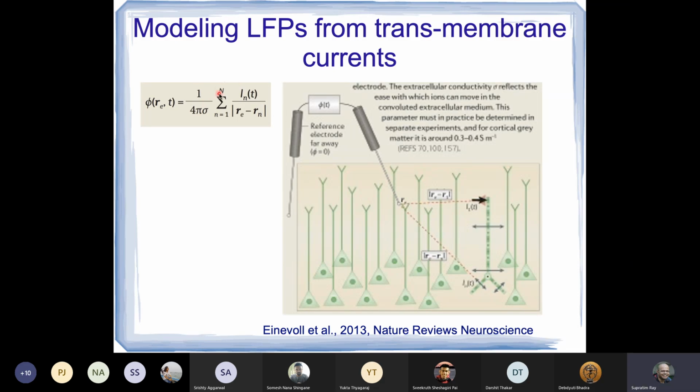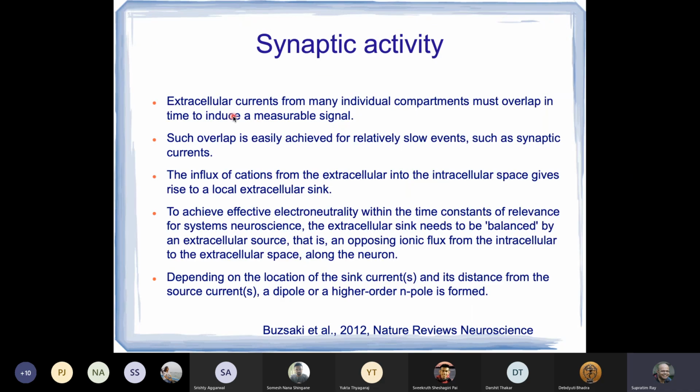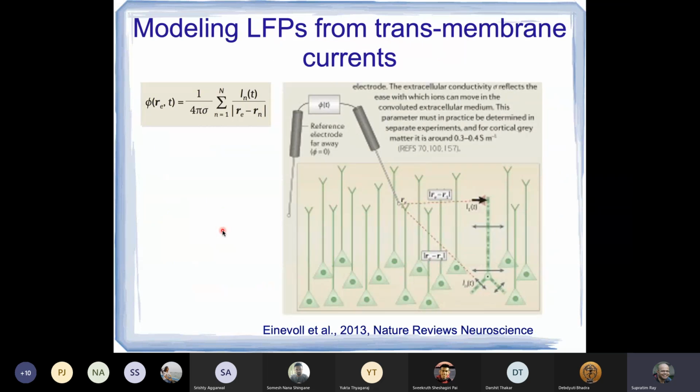Oh, by the way, if you forget the denominator, the summation of I_n(t), n going from 1 to N, what is that? The total net transmembrane current. What is that? Based on what I told you, it's 0. Very good. The total current flowing through the membrane is actually 0. The total sum of the capacitive and ionic current is 0.